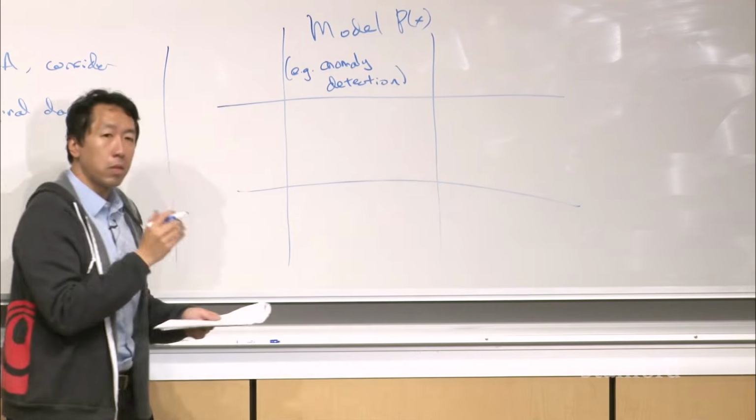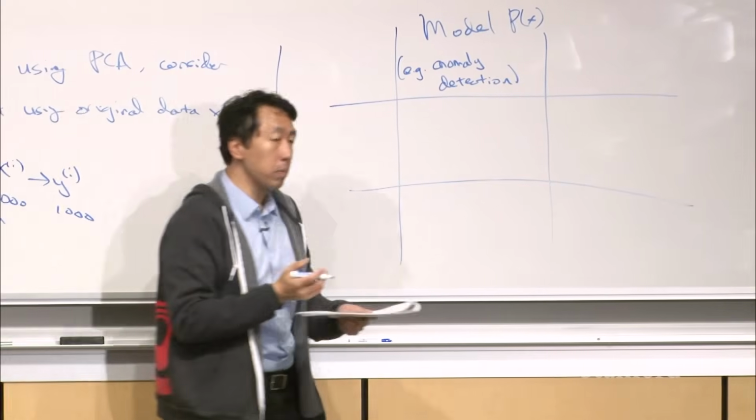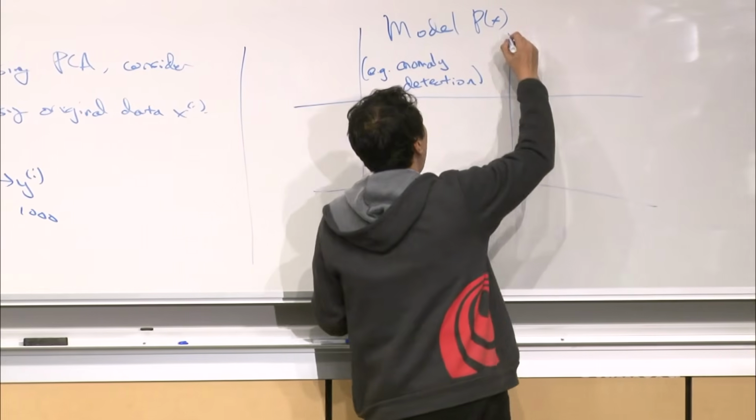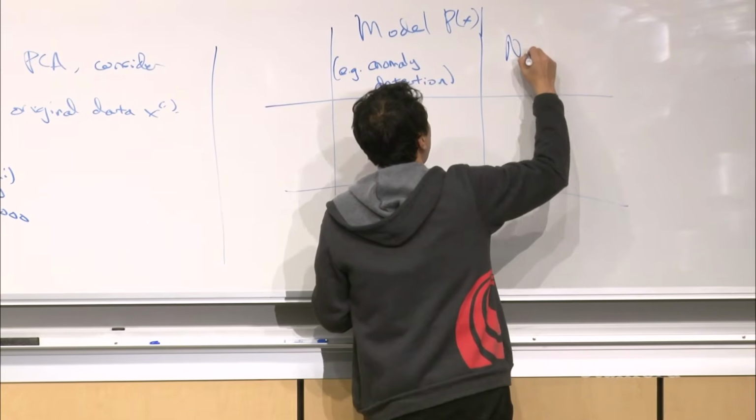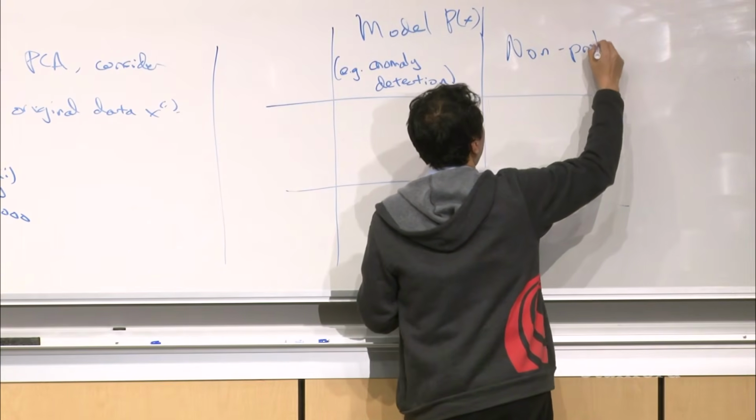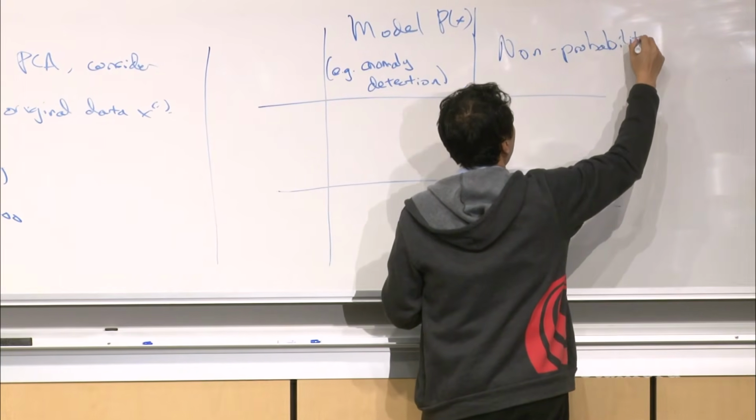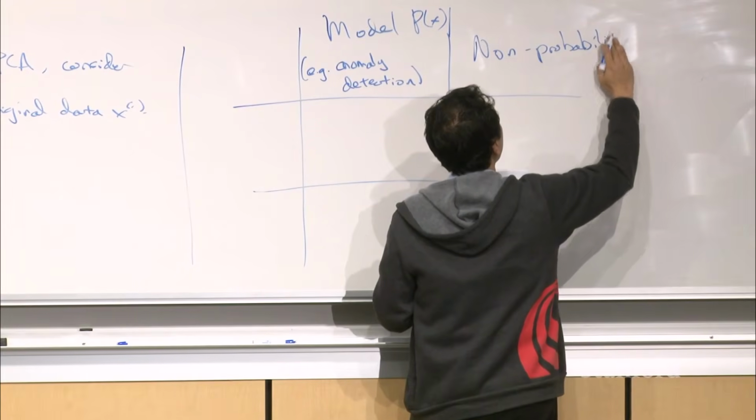So some of the algorithms were density estimation algorithms, and some of the algorithms we talked about were non-probabilistic.